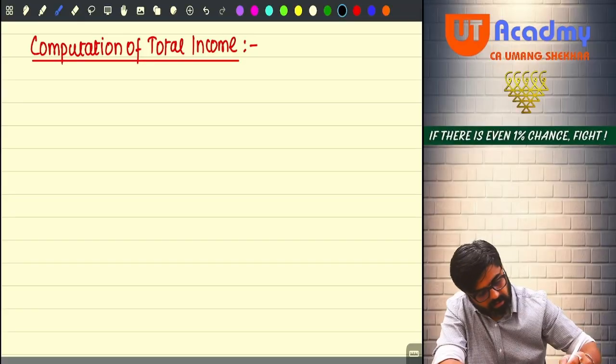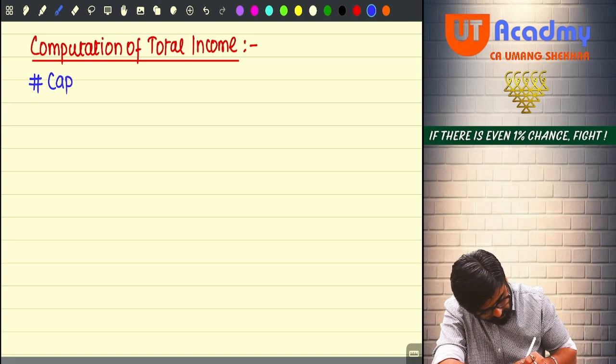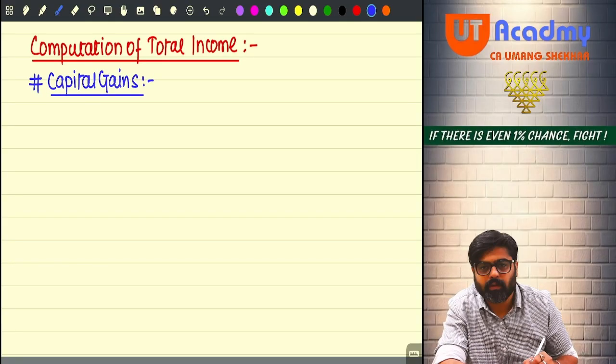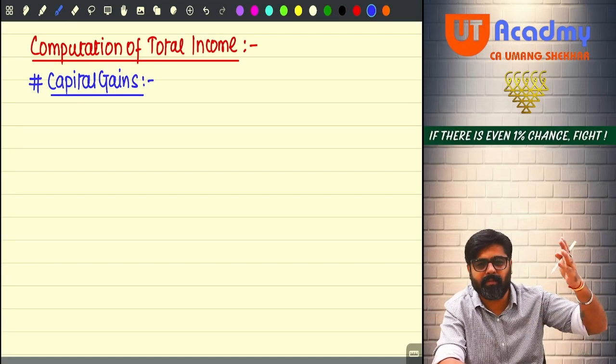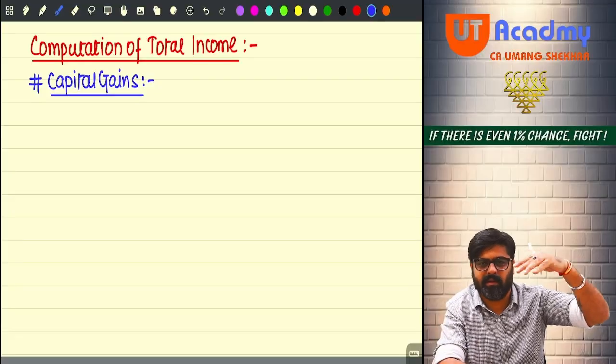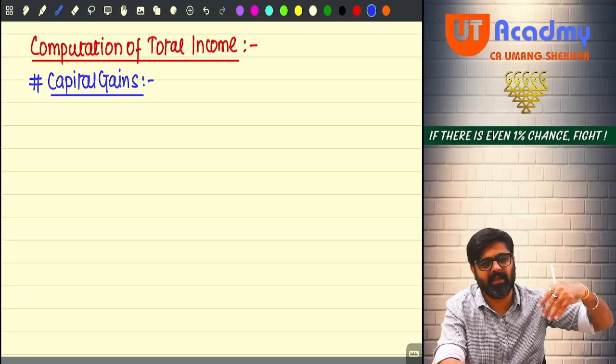Okay, so now I will start from capital gains. See, other incomes which they are saying might be my PGBP, salary, and house property. It might be those incomes, but I'll add them in the end.